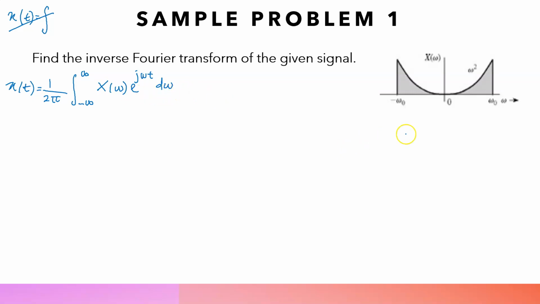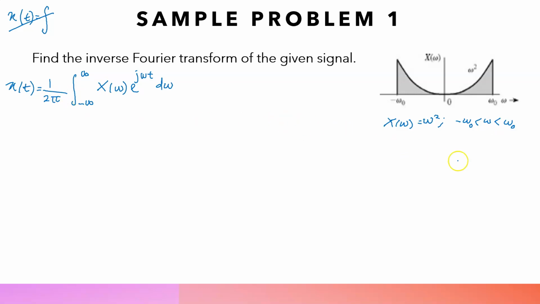Now if we look at our graph here, we know that X(omega) is equal to omega square when omega is in between minus omega naught to omega naught.